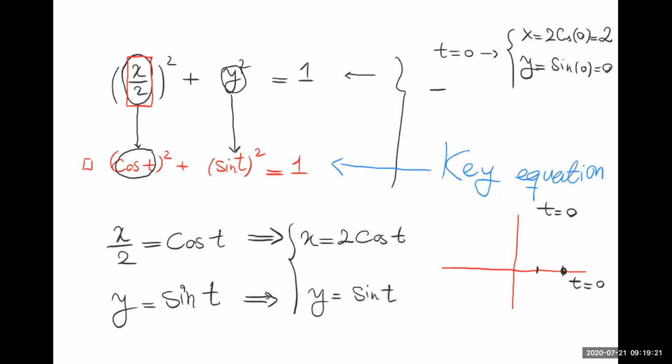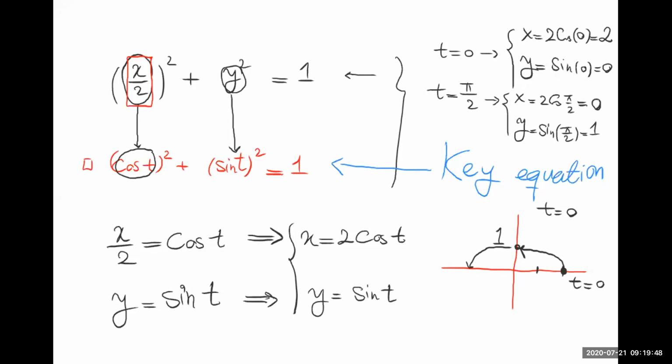Okay, where is the particle at t equal to pi over 2? Well, x is 2 cosine of pi over 2. Cosine of pi over 2 is 0, 2 times 0 is 0. y is sine of pi over 2, which is 1. So the particle would be here. So from here it goes there, and then later it goes there, and we can continue.